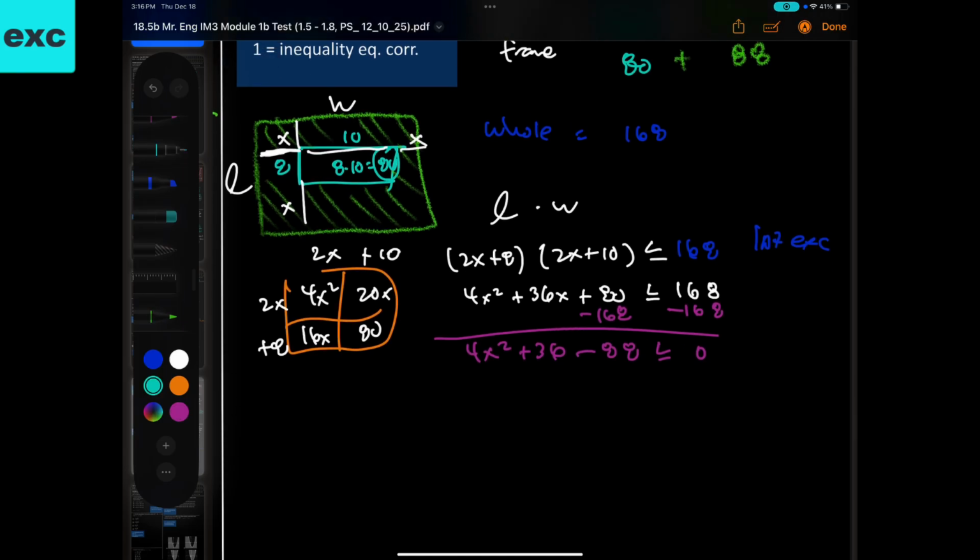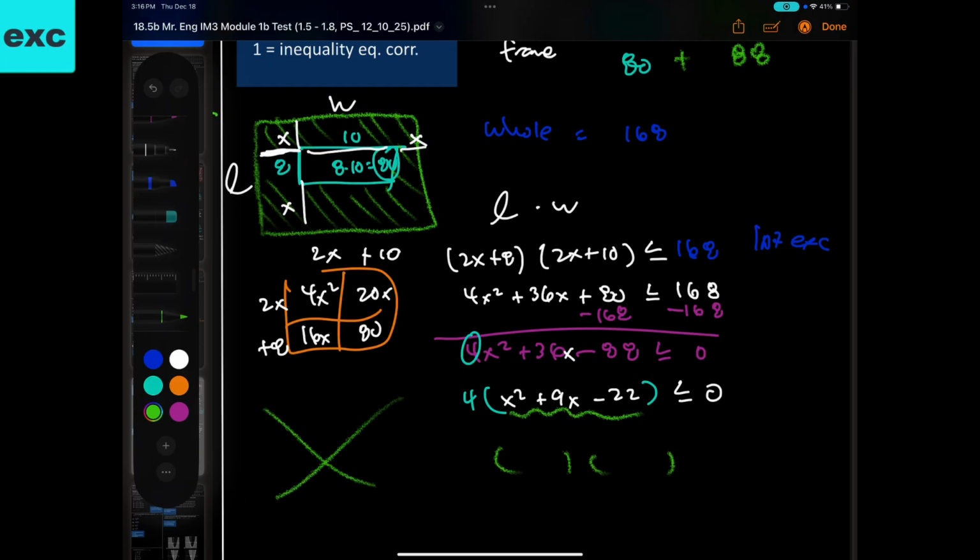Okay, from here, I recognize I have a 4, so I'm going to take out a GCF. So that'll be 4 times (x squared plus 9x minus 22). Okay, so if I factor this portion, negative 22 and positive 9. So 22, 1, 2, and 11. Looks like that's my answer. 2 and 11.